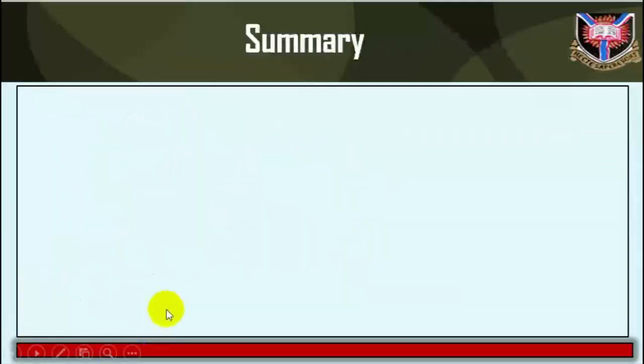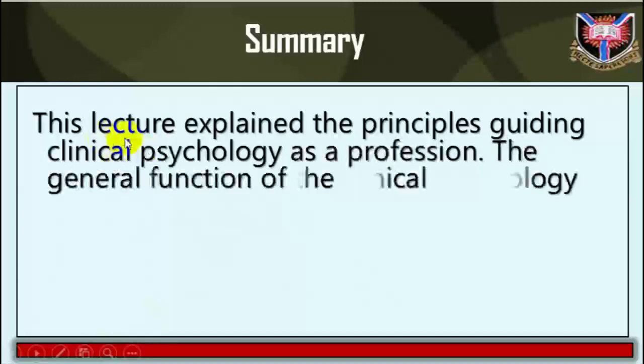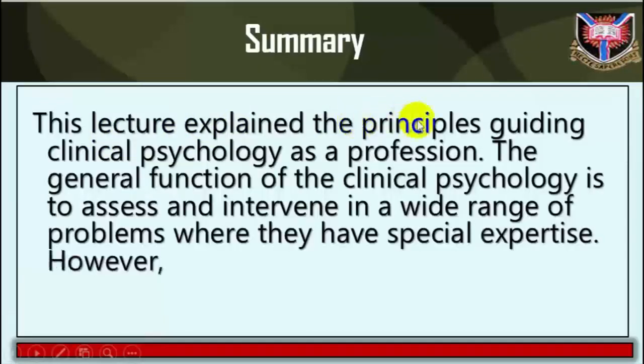Summary. This lecture explained the principles guiding clinical psychology as a profession. The general function of clinical psychology is to assess and intervene in a wide range of problems where they have special expertise.